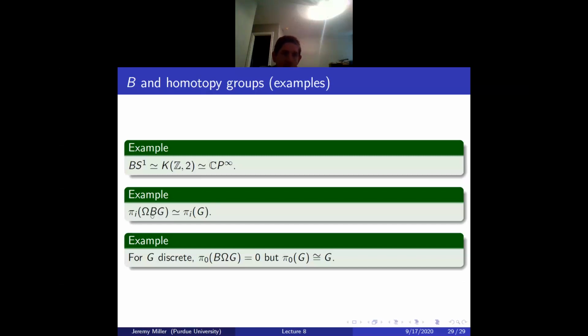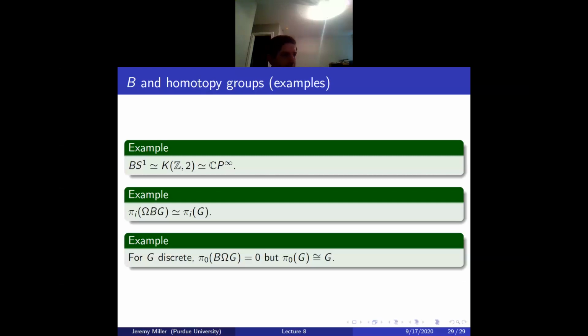Another comment is that the loops functor shifts homotopy groups one way, and this B functor shifts homotopy groups the other way. So if you apply loops to BG, you get a space with the same homotopy groups as G. Loops and B: one of them is a one-sided inverse of the other, but they're not two-sided inverses, because one shifts homotopy groups up and the other shifts them down.